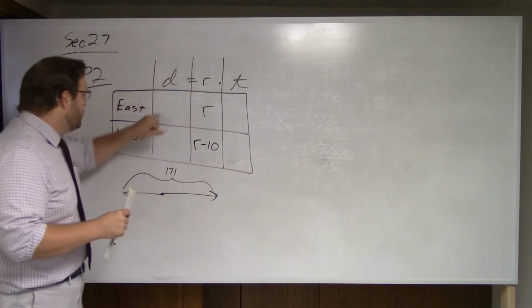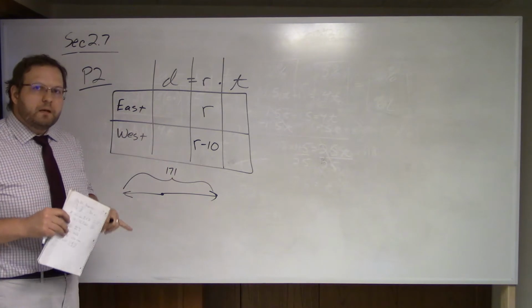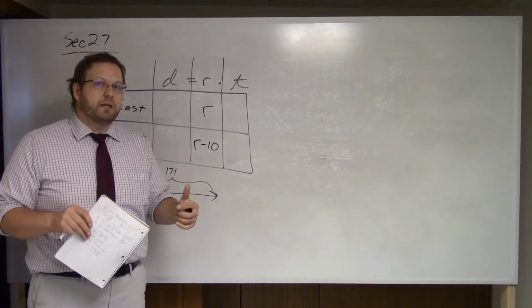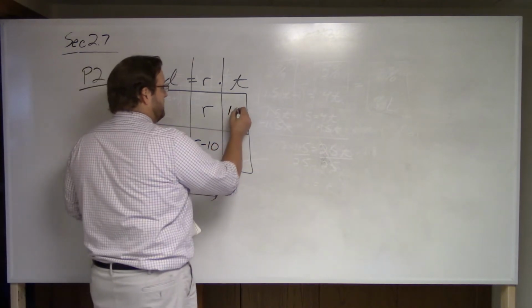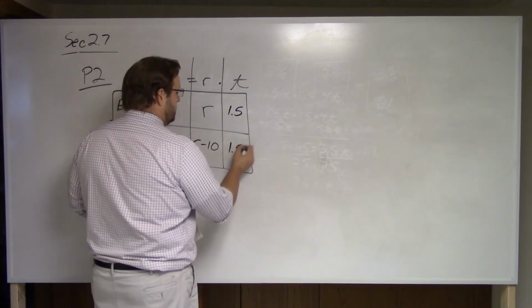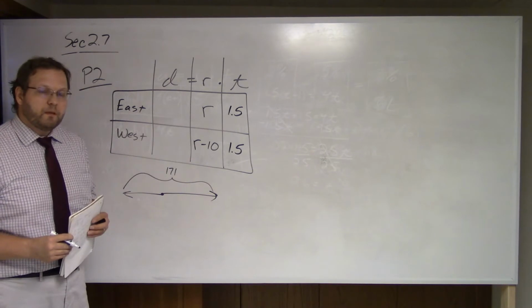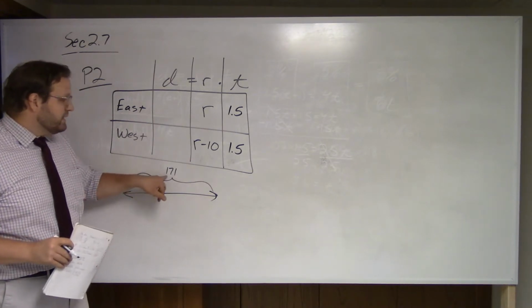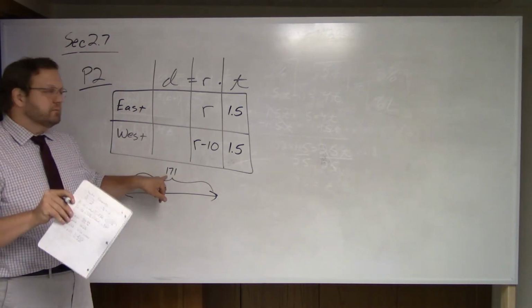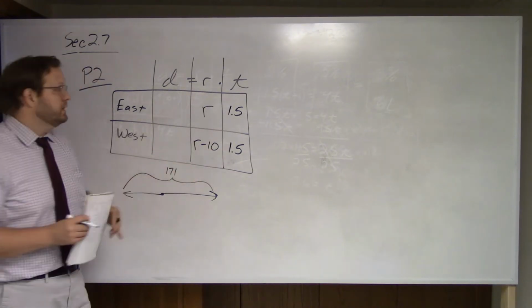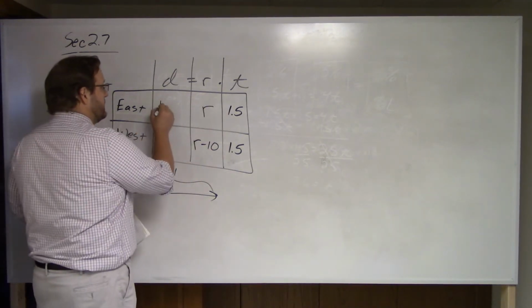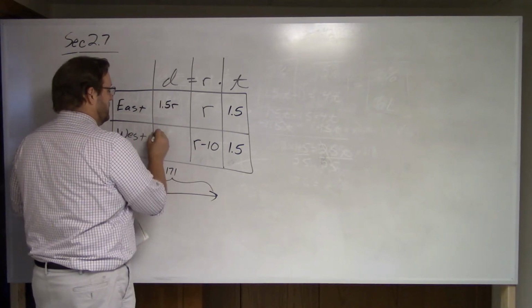So I can't put 171, 171. But if they left at the same time and 1.5 hours pass, then they both were traveling for 1.5 hours. This 171 will come up again in a second. This was given to us. This was described to us. Distance is rate times time, and rate times time.